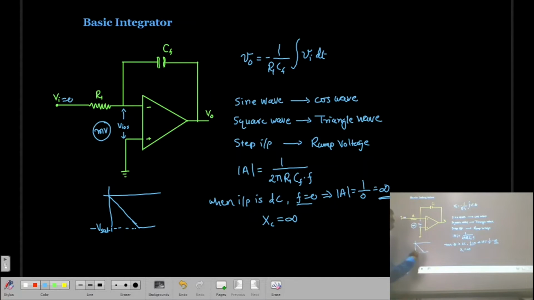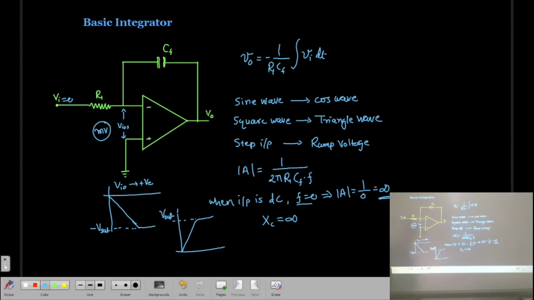If we have a negative input offset voltage, then the output voltage goes on increasing, and then it is going to saturate at the voltage of plus V saturation.